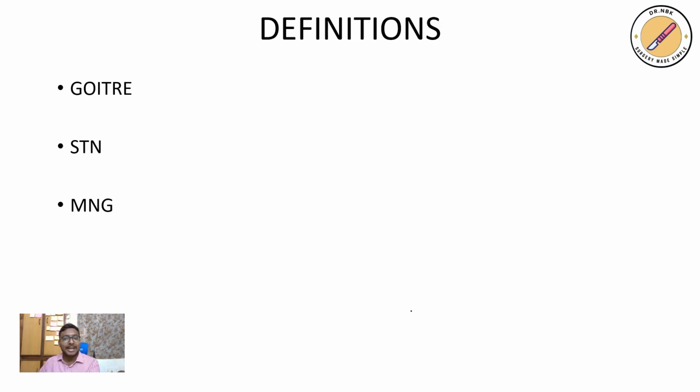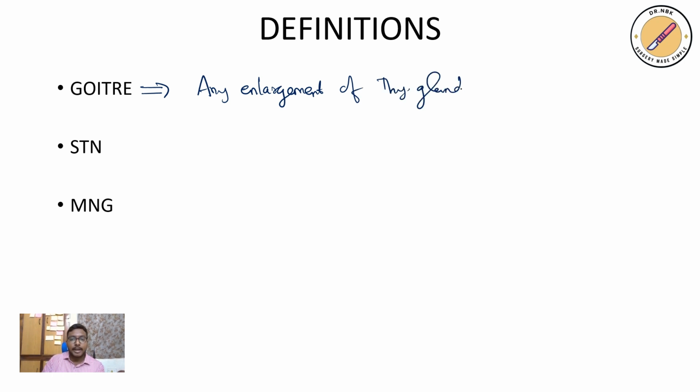Okay, right. Now coming to a few important definitions in thyroid gland swelling. One is goiter. Any enlargement of thyroid gland, irrespective of pathology, is called goiter.